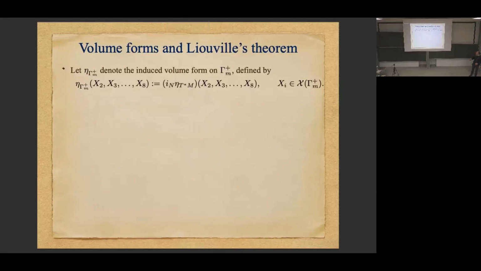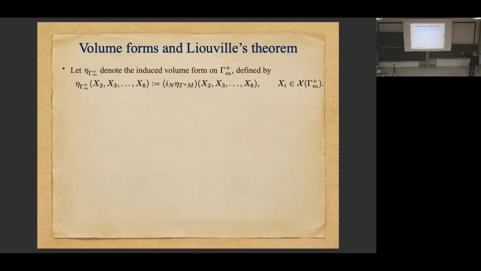And this too, you can project down to the mass shell. On the mass shell, the induced volume form: you plug in 7 vectors. It starts with 2, that's why it ends with 8. So you have 7 vector fields here, tangent to the mass shell, and you take the volume form on T*M that I just defined, and you plug into the first entry n.